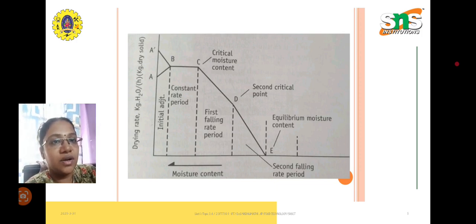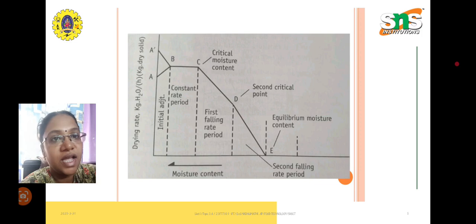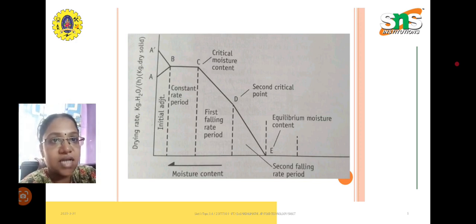We can understand how the changes in the drying rate occur. Initially, we can see in the picture where the initial adjustment is being done, and A is the point where the drying rate is starting.